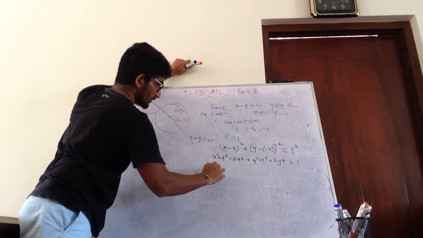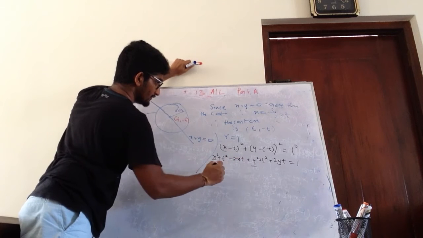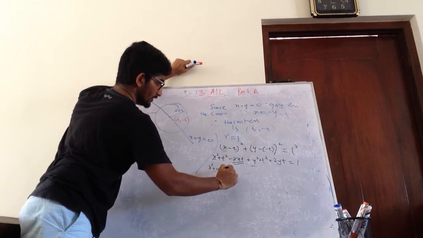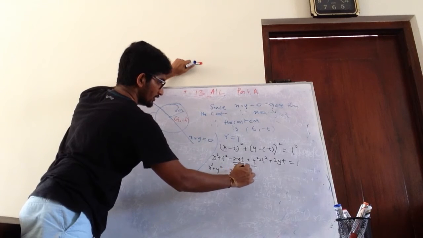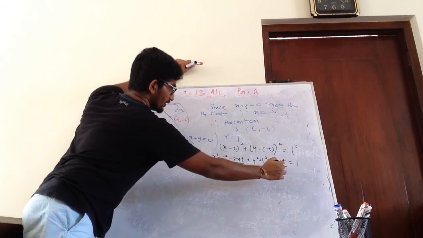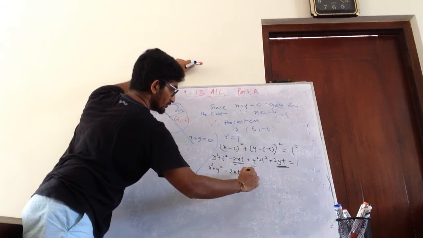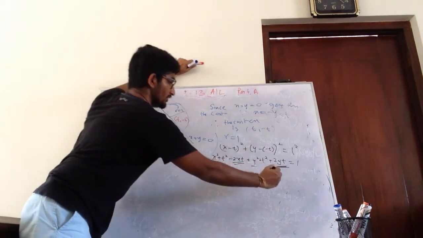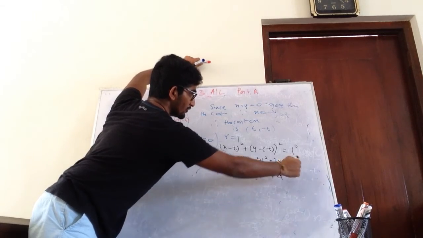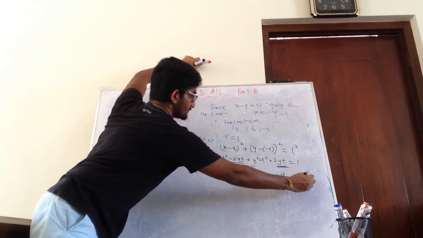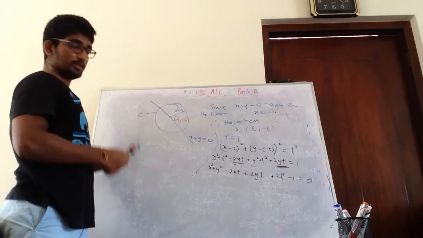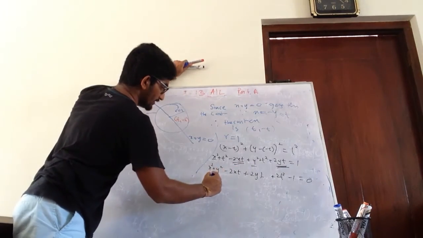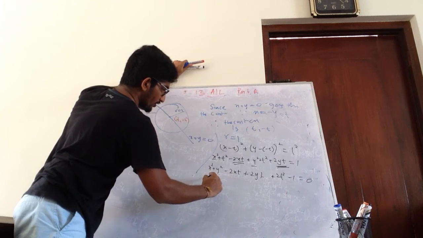That is x square plus y square, here minus 2xt, here plus 2yt plus 2t square. I'm going to take 1 here, so minus 1.